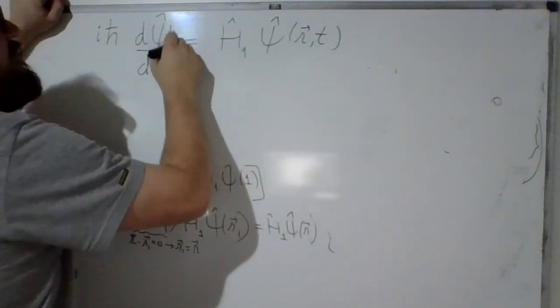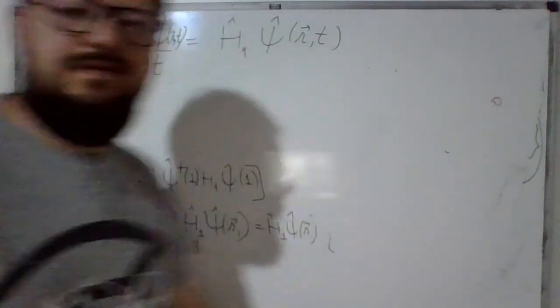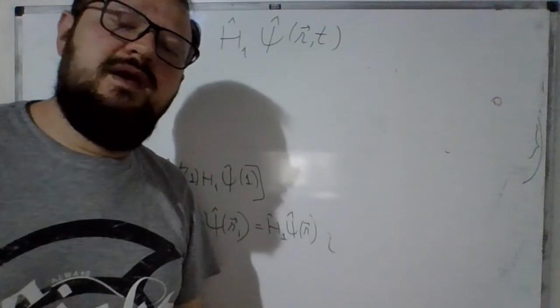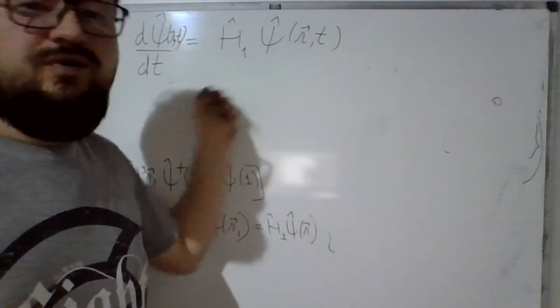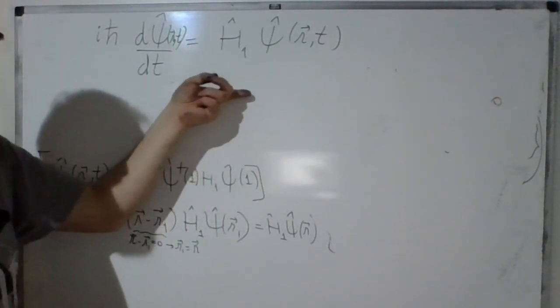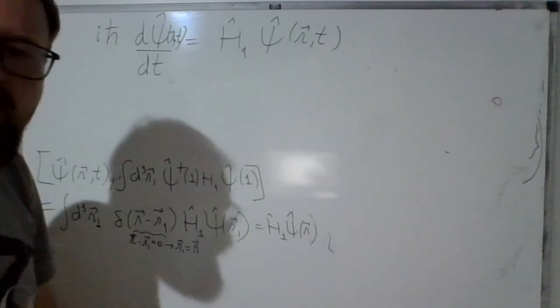This is, of course, r and t. And this looks like Schrödinger's equation. So Heisenberg's equation of motion for the operator psi produces an equation which has the same form as a Schrödinger equation.